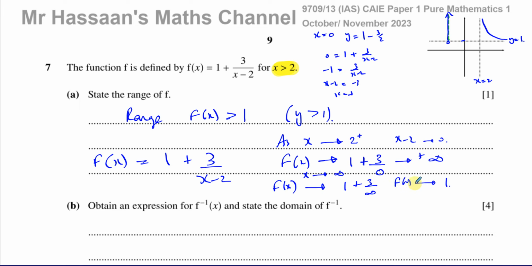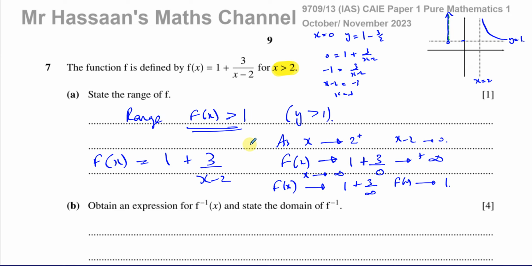The bigger x gets, the closer and closer the y value gets to 1. So we can see, therefore, that the range of the function is f of x is greater than 1, just from looking at the equation itself with its restricted domain. All right, so there's the answer to question 7a.